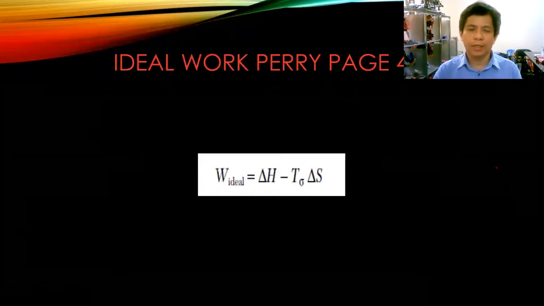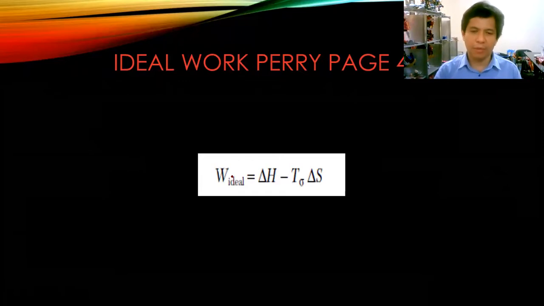Okay? And then if it so happened that you are unable to remember the equation for W ideal, you can open up the handbook, and then on the 8th edition, you can look up at page 4-39. This is chapter 4, thermodynamics, page 39, and then you will have the equation for W ideal.